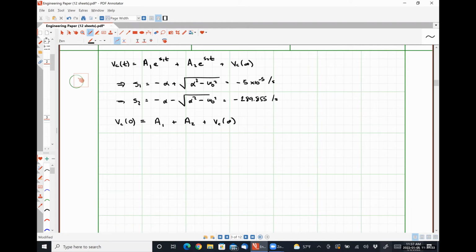So VC at 0 was 0 volts, equal to A1 plus A2 plus 1,000 over 30 kilovolts, which means A1 plus A2 must equal negative 1,000 over 30 kV. Everybody okay with that?